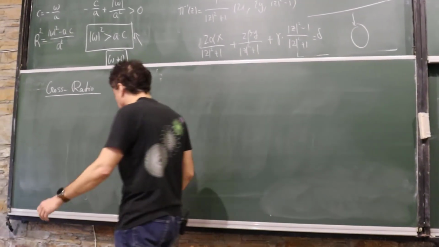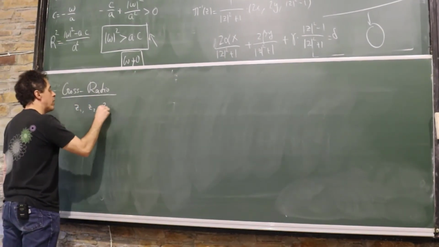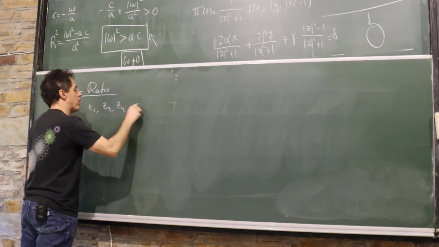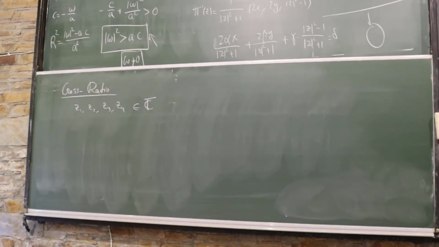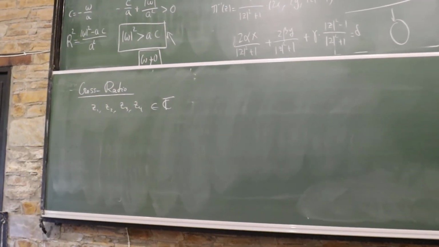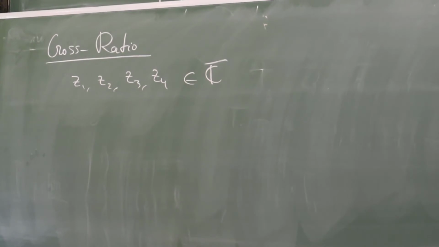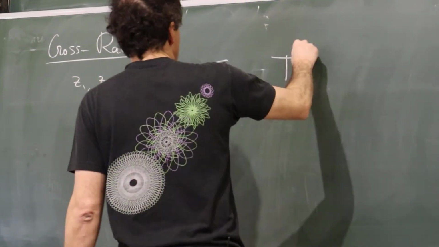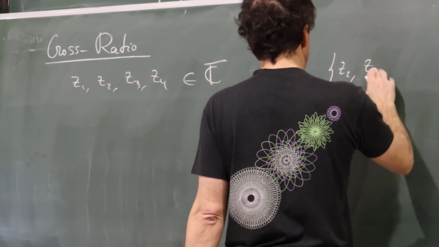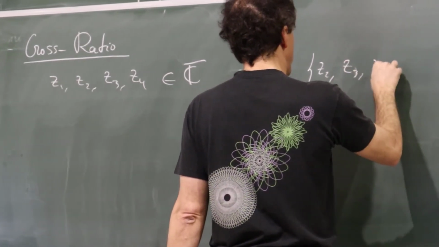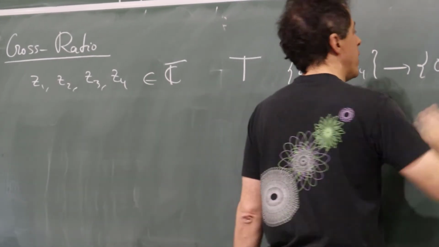One way of defining cross ratio is the following. Consider 4 different points on the Riemann sphere. There is only one Möbius transformation T, you know, that takes respectively the points Z2, Z3, Z4 into 0, 1, and infinity.